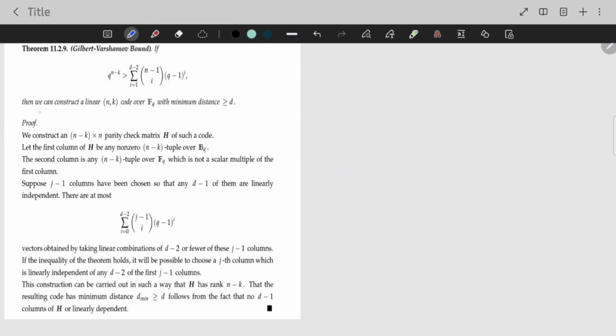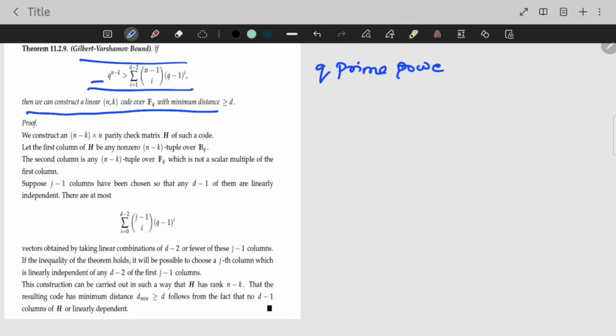Let's see the statement of the theorem. Let q be a prime power. This q is the prime power, the size of the field, and n, k, d be integers. If the inequality holds, that is, q to the power n minus k is greater than the summation i equal to 1 to d minus 2 of (n minus 1 choose i) times (q minus 1) to the power i, then there exists a linear n comma k code over the finite field Fq with minimum distance greater than or equal to d.